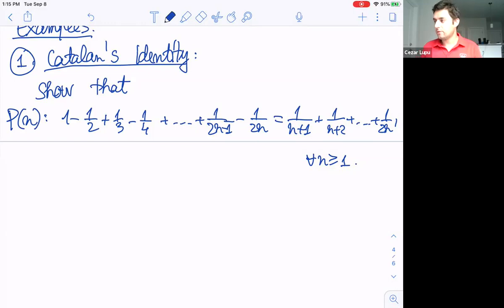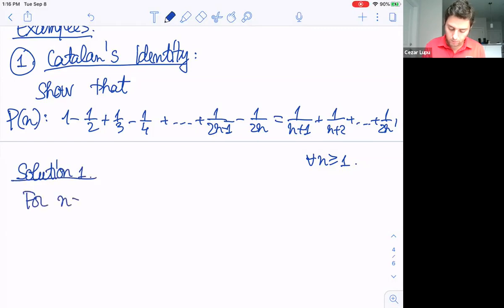Now, for n equals 1, so step 1. For n equals 1, what do we have? Well, let's plug it in. On the left-hand side, I have 1 minus 1/2, right?